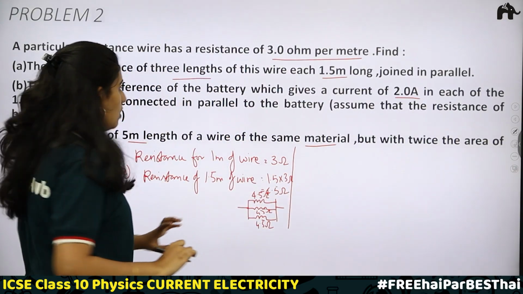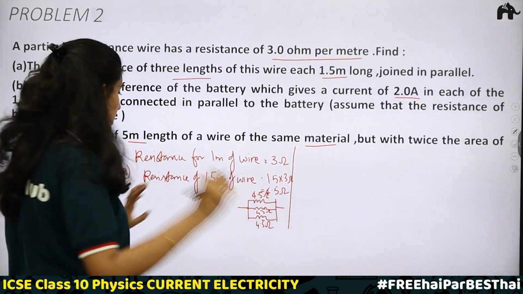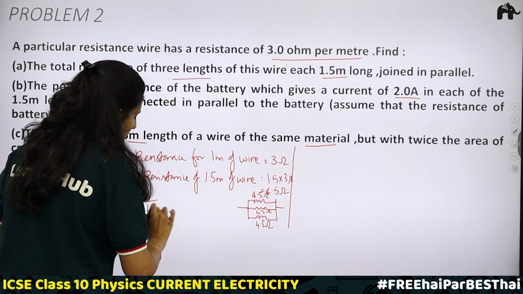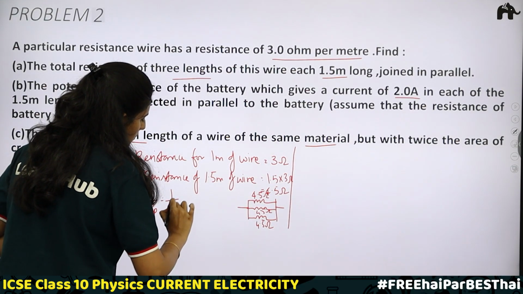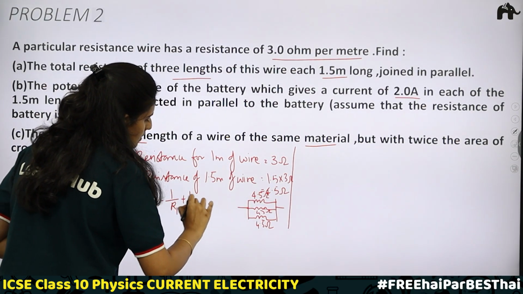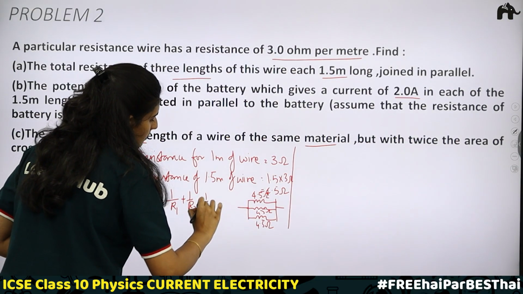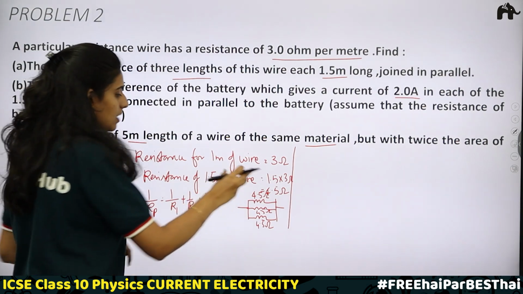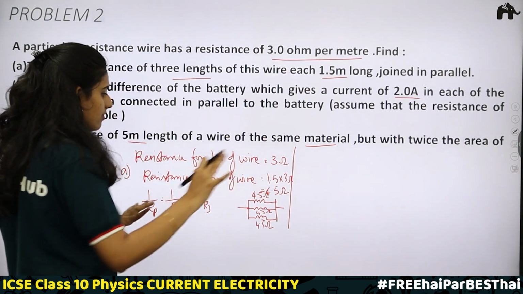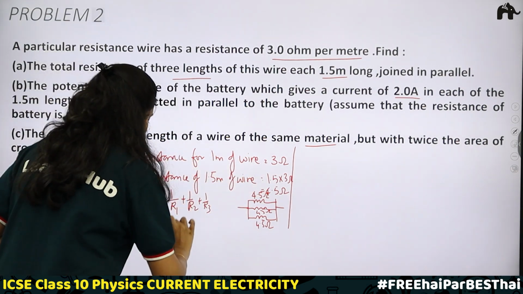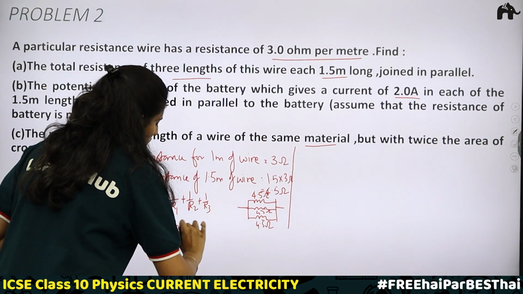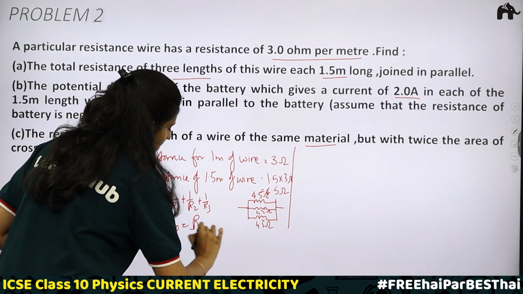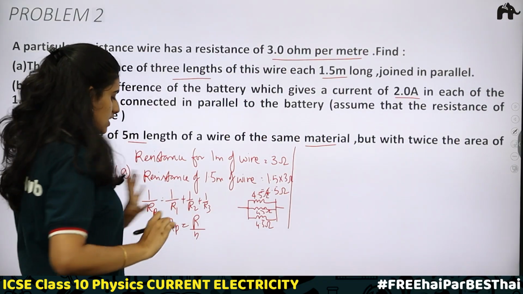Now we can find the total, effective resistance. 1 by Rp is equal to 1 by R1 plus 1 by R2 plus 1 by R3. Here all the 3 resistors have the same resistance, which is 4.5. We have studied a relation: Rp will be equal to resistance divided by number of resistors.